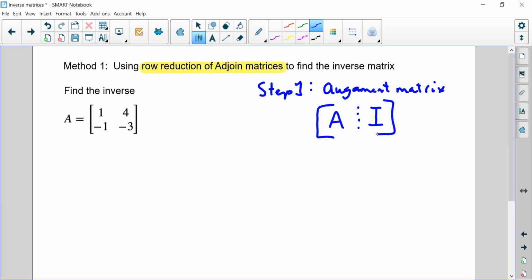Oh, and before I forget, just like determinants, only square matrices will have an inverse matrix. If it's not a square matrix, the inverse matrix does not exist. And not all square matrices have an inverse matrix. So I forgot this earlier, so let me go back to the screen.